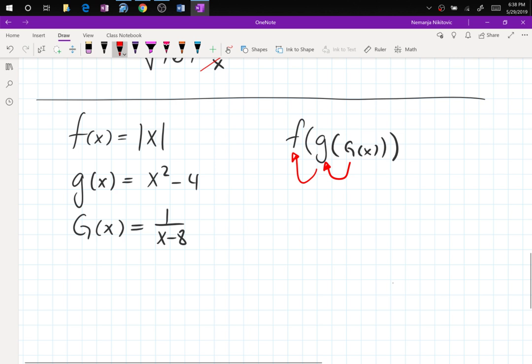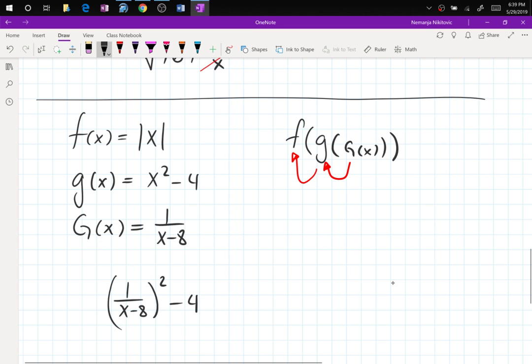This means that the function capital G is going to replace the x in g, and then the entire thing combined is going to replace x in f. So we start with 1 over x minus 8, squared, minus 4.